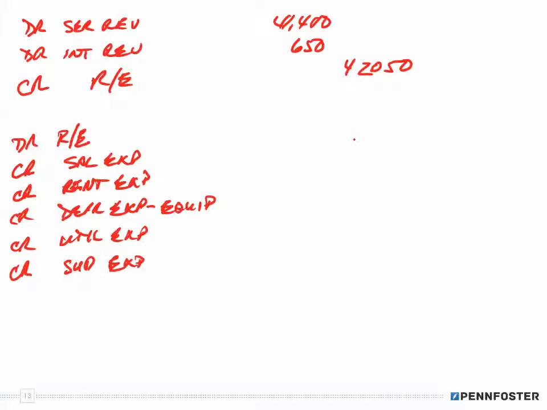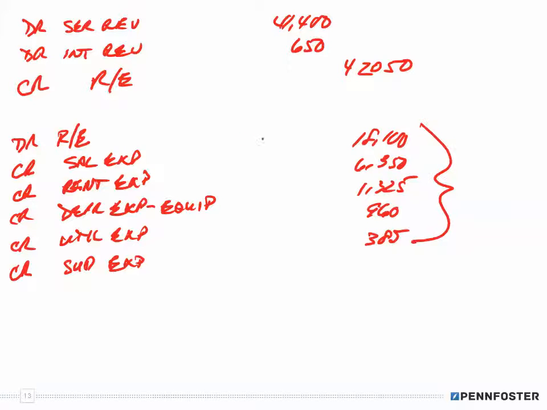Okay, so those credits are 18,100, 6,350, 1,325, 960, and 385. The total of all of those comes to $27,120, and so that makes it my debit.